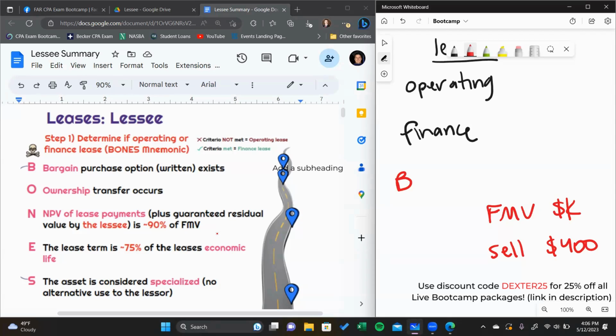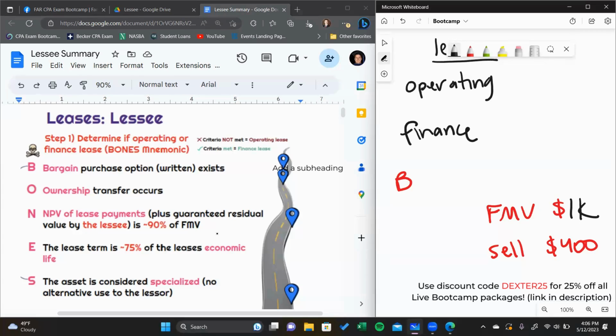They're not going to give you a problem where it's like, I'll sell it to you for $600 and the fair market value is $1,000, because that's kind of a gray area. It'll be very obvious, like in this particular example, right? The asset has a fair market value of $1,000, and they'll sell it to us for literally 60% off.